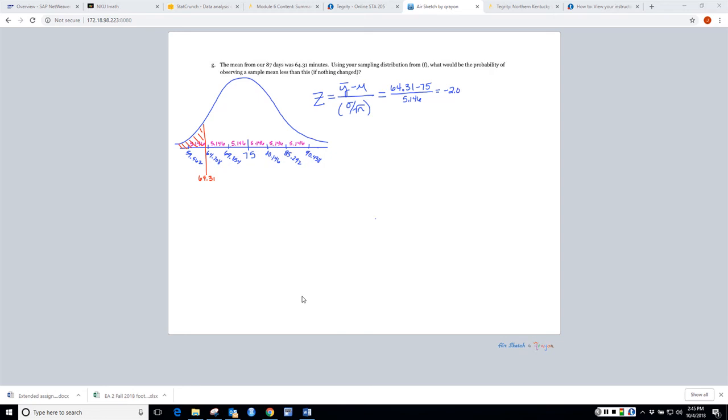And so what I get is negative 2.08, which should make sense because we're a little bit more than 2 standard deviations below the mean. Since we're shaded left, we can go straight to the table to get our probability. So just using our z table, we should find 0.0188 for our probability.